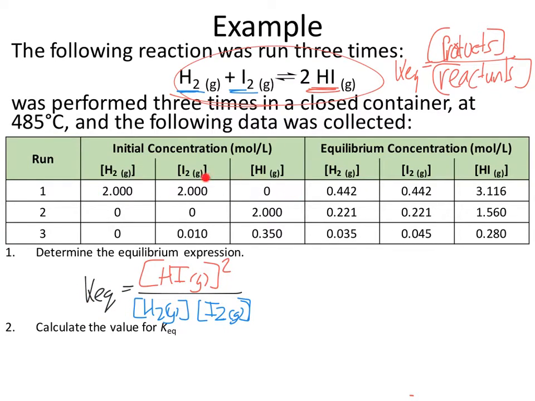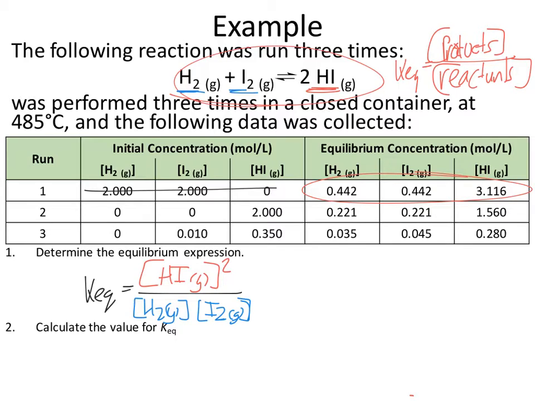So we have these values, that's what we started with, and this reaction happened, and eventually we got to a point where there was no changes in the concentrations, and these were the values that we got. So because this is looking at the ratio between products and reactants at equilibrium, we're not going to use these values here, we're going to be using these values over here.